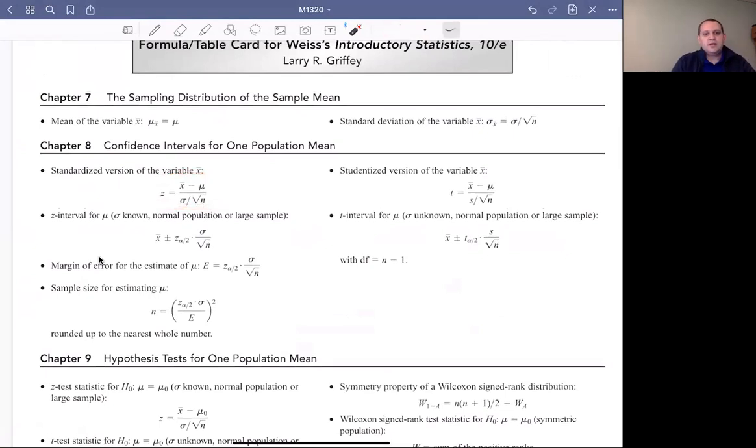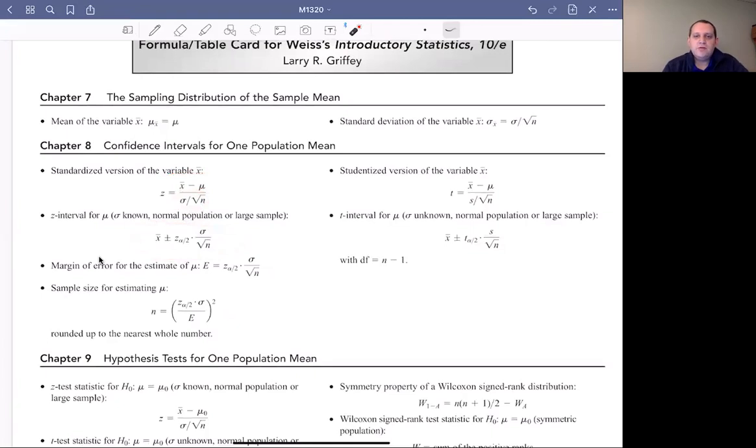That was x bar minus the population mean over our standard deviation, which was sigma over square root of n, where we're talking about a sample of size n. The confidence interval had this formula. So that was the sample mean plus or minus that formula. The margin of error we talked about. The sample size for estimating mu we talked about. That was where we squared both sides and solved for n.